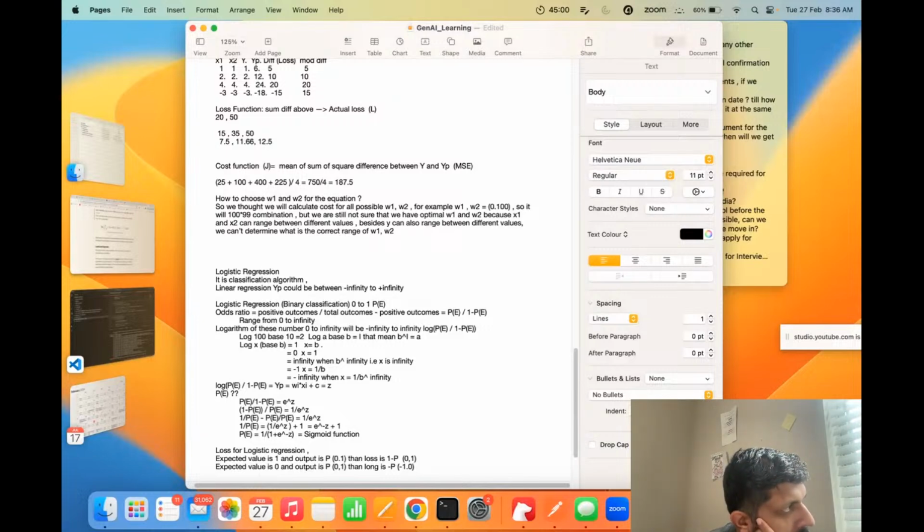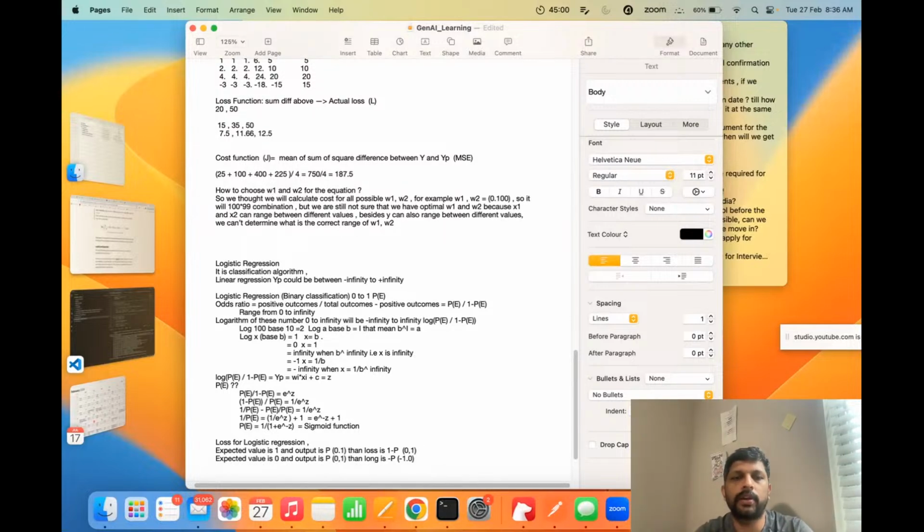Anyway, to put this loss function into one single equation instead of two different equations, let's call the expected output PA, P actual, and this is PP, P predicted.